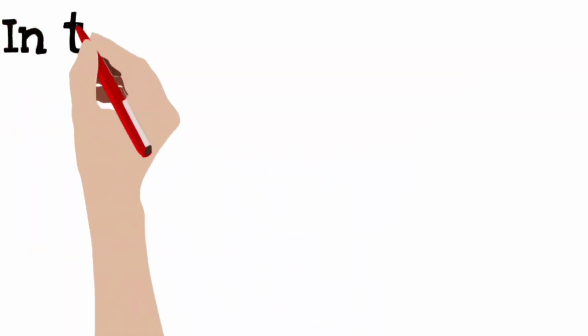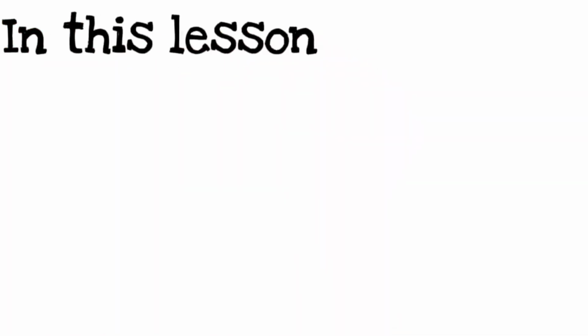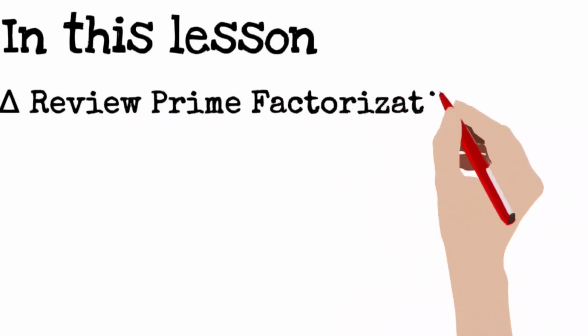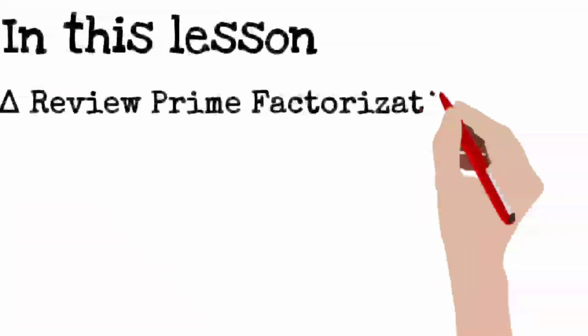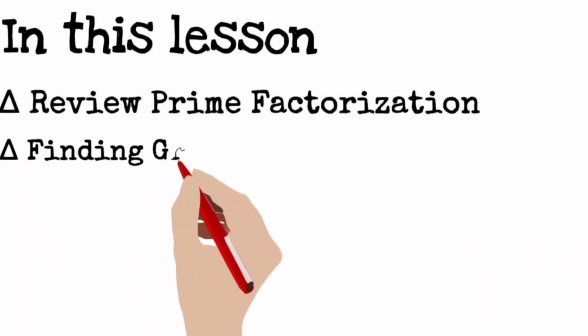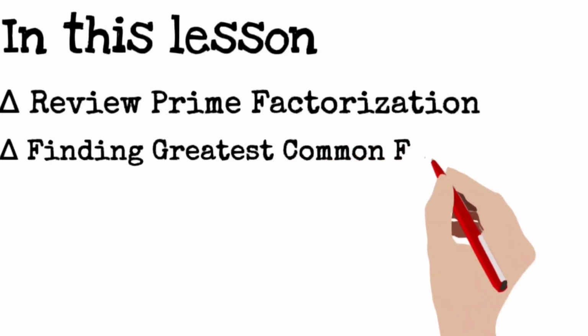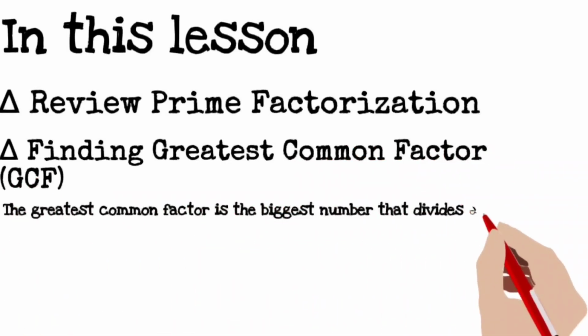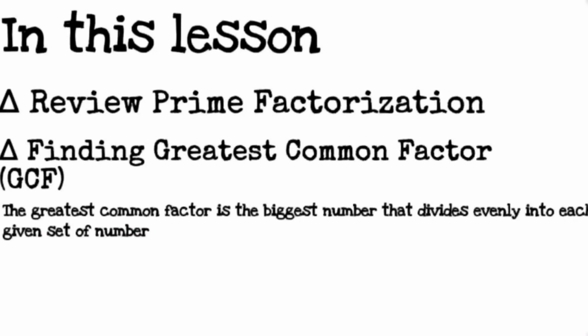In this lesson, let us review finding the prime factorization of two or more numbers. Second, let us find the greatest common factor, or GCF. The greatest common factor is the biggest number that divides evenly into each number in a given set of numbers.